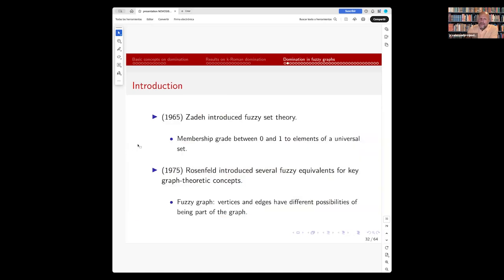Well, in 1965, Zadeh introduced the fuzzy set theory. In this case, we are familiar with graphs in which we have vertices and we have edges. And one edge is or is not in the graph. But in case of fuzzy theory, we have a membership grade, which is a number between 0 and 1, assigned to each element of the graph.